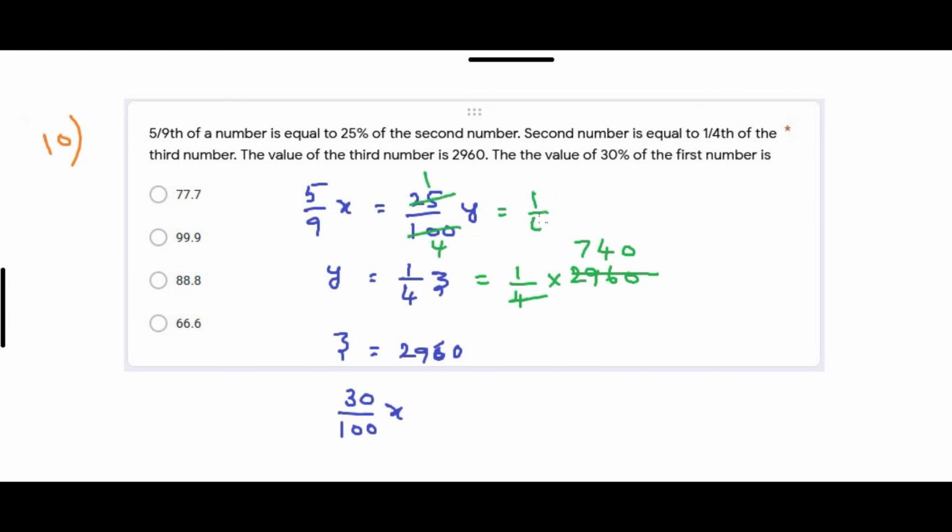So 1 by 4 into 740, which is equal to, 4 ones are 4, so 3 is remaining, so it is 34. 34 means 4 nines are 36, so 4 eights are 32 and 20 is remaining, so 5 will come.